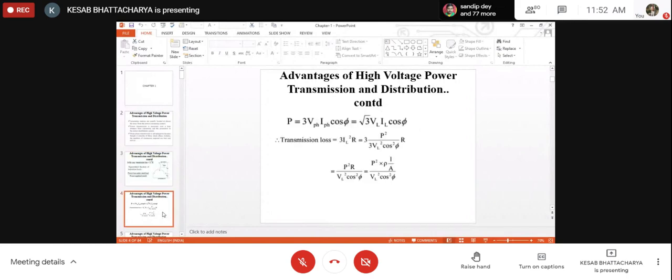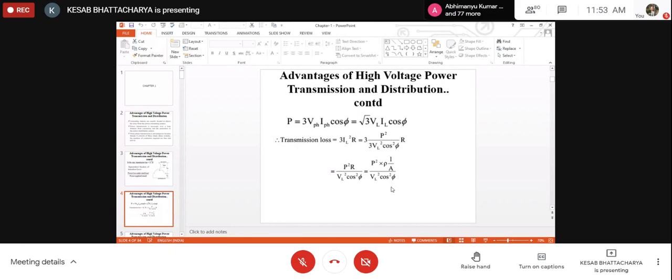Again, we know that total power transmitted is expressed as 3 V_phase I_phase cos phi or 3 V_L I_L cos phi, and the transmission loss is 3 I_L square R. Now, if we substitute I_L in terms of voltage, power, etc., we can write the expression like this, and finally we can simplify the expression and we arrive at this.